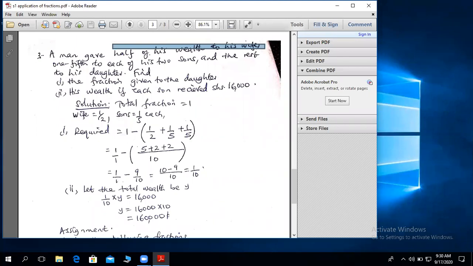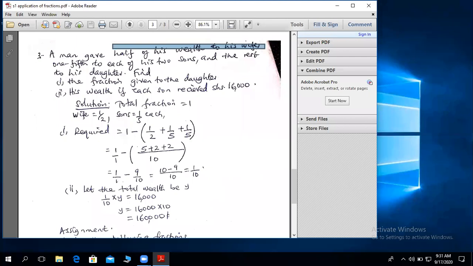He has 2 sons, and each one of them gets 1 out of 5, and the rest, what remains, goes to the daughter.